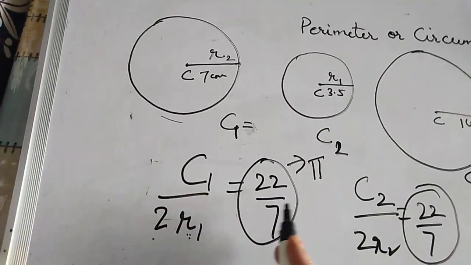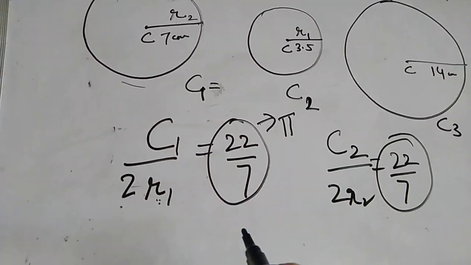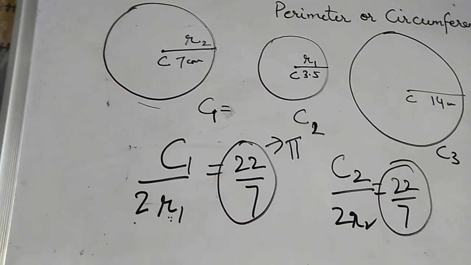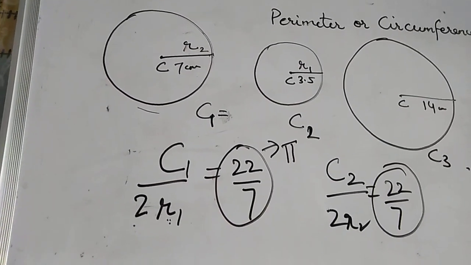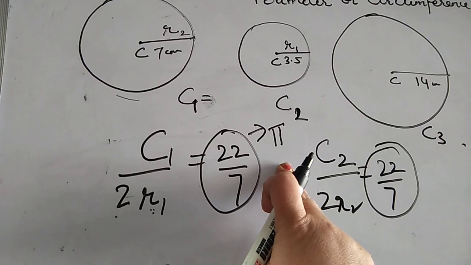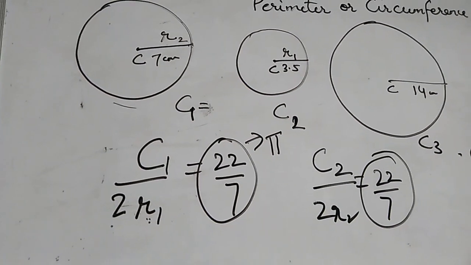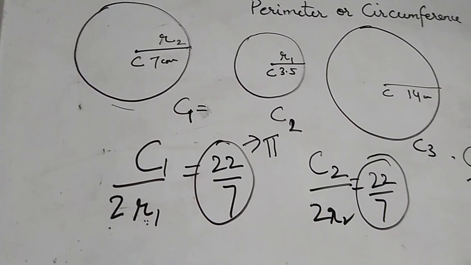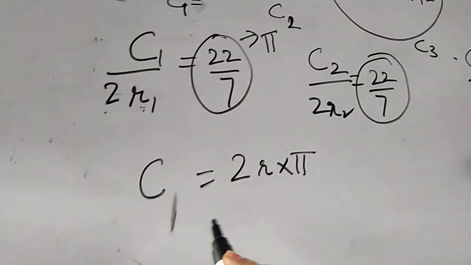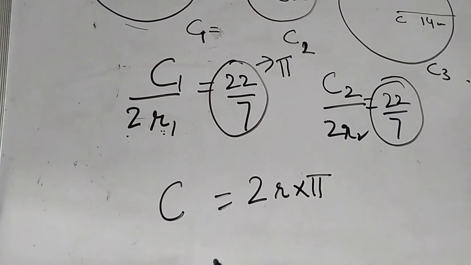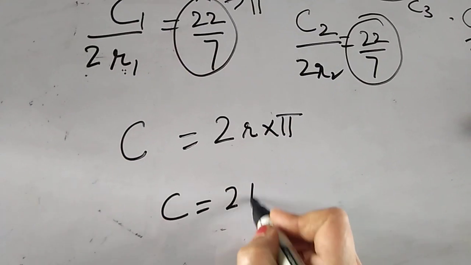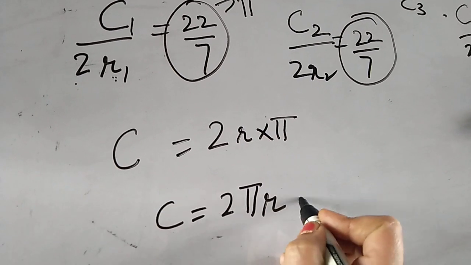So this constant was called pi after his name, and then the formula became: circumference is equal to 2R into pi, or you can say circumference is equal to 2 pi r.